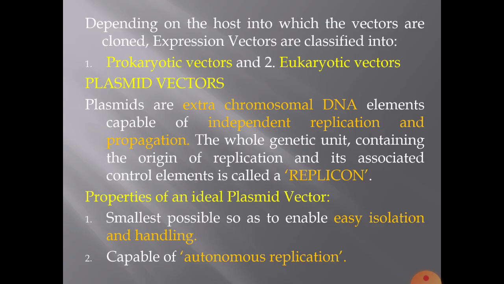Now, after knowing the properties of an ideal vector in general, you should know the properties of a good plasmid vector. Number one, smallest possible so that it is easy for isolation and handling. That's the only reason you prefer smaller ones. Then they should be capable of autonomous replication.